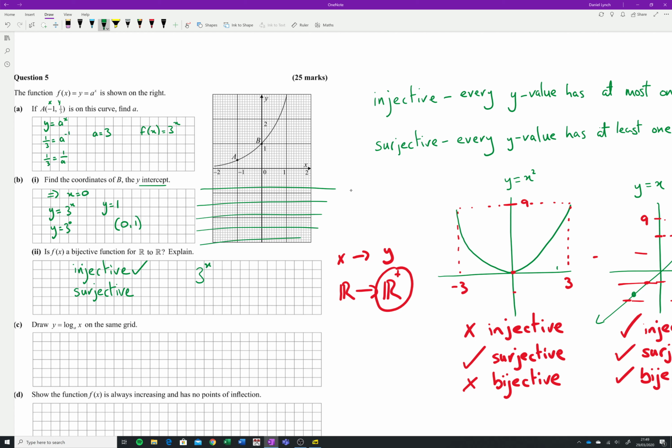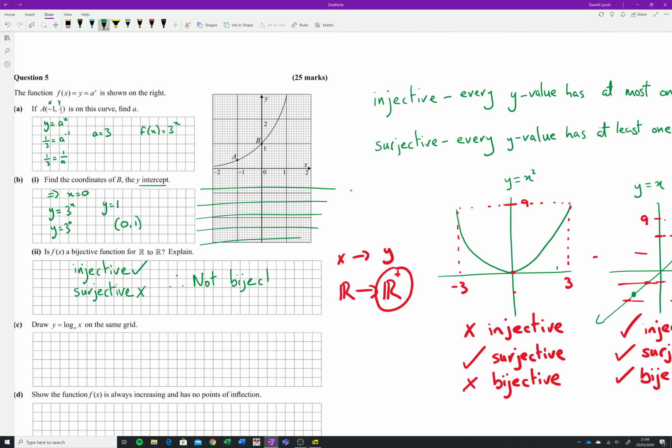If you have y equals 3 to the x, there is no x value that you can put in to get a negative number. If you put in -1 or something like that, you get 3 to the power of -1, you just get a third. In fact, that is point A. It is not going to be a negative number. So this thing here is not surjective, and I would say therefore not bijective.